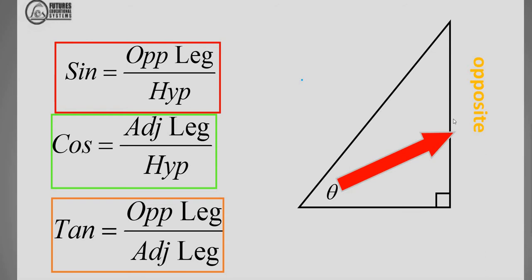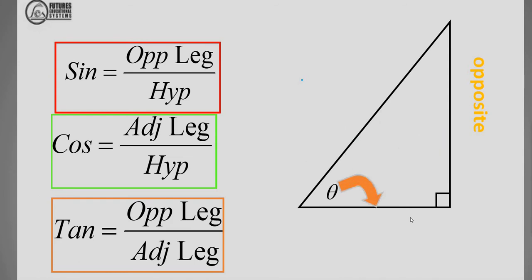That's theta. Sine equals opposite over hypotenuse. Hypotenuse is the greatest side of the triangle. Opposite because it is opposite to the 90 degree. The adjacent side over hypotenuse gives me cosine. Adjacent to the angle theta.